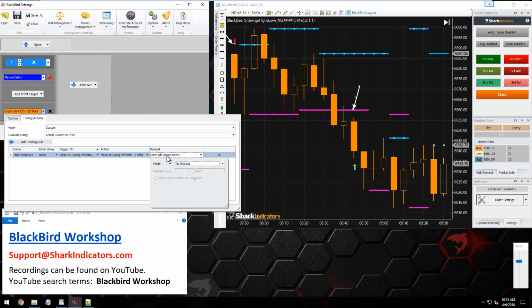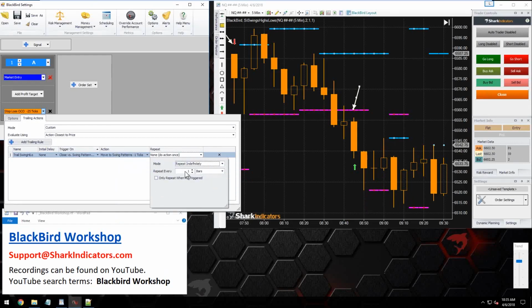Now, if you want your stop loss to just sit there at the first swing low that happens, you would leave your repeat at none, and the stop loss would just move up to that swing low, and it would just stay there. Now, if you wanted your stop loss to keep trailing up as price moved up, then you would set your repeat to repeat indefinitely.